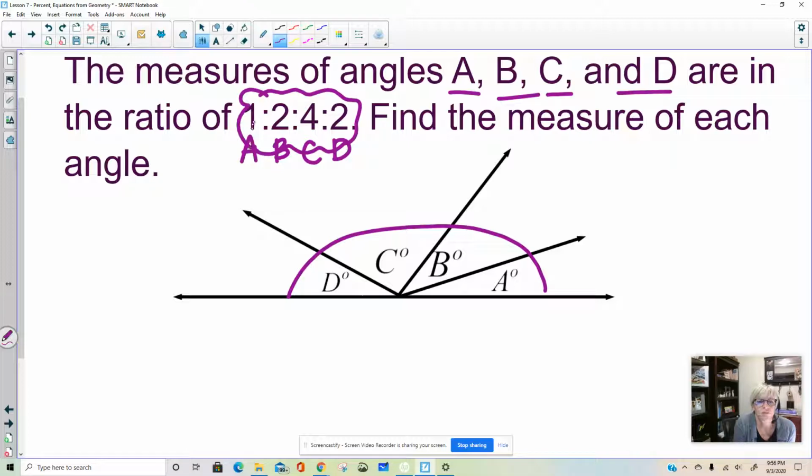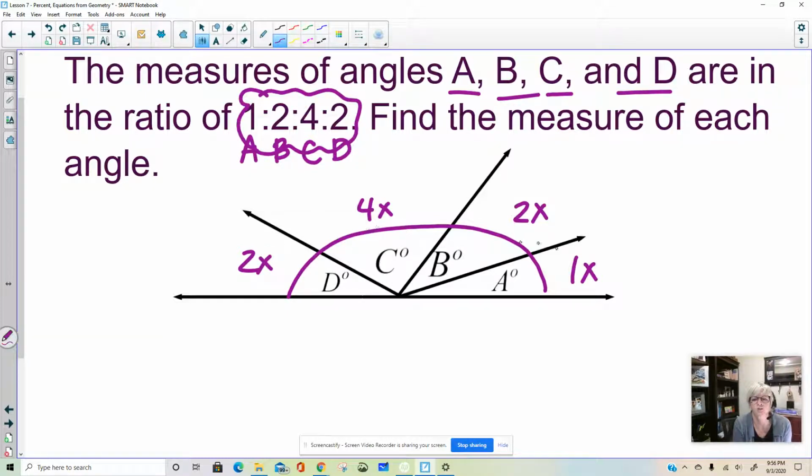Once we find the measures of these angles, if you were to reduce those to lowest terms, they would reduce to this ratio here: 1 to 2 to 4 to 2. Now, obviously the angles aren't 1 degree, 2 degrees, 4 degrees, and 2 degrees. Okay, that's clear. But their reduced ratio would be 1 to 2 to 4 to 2.